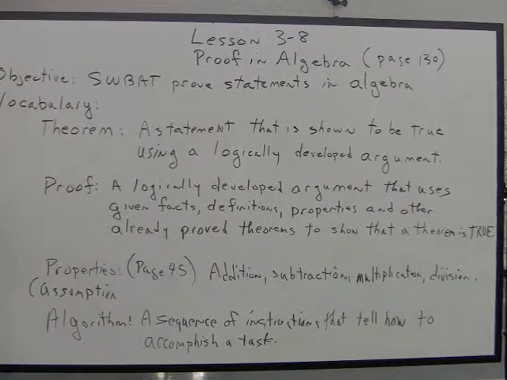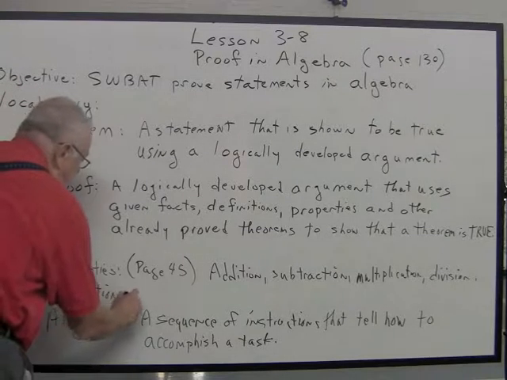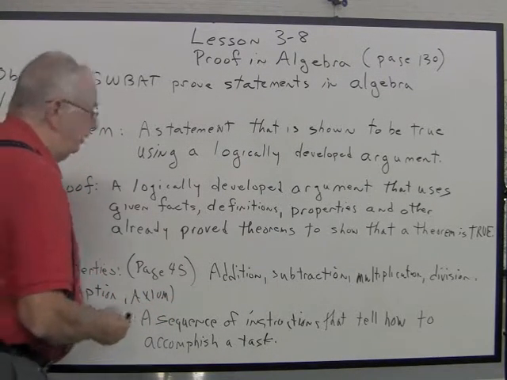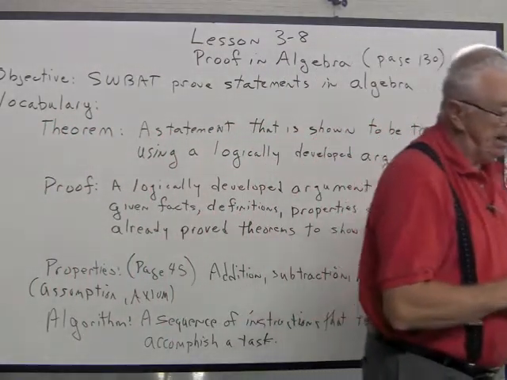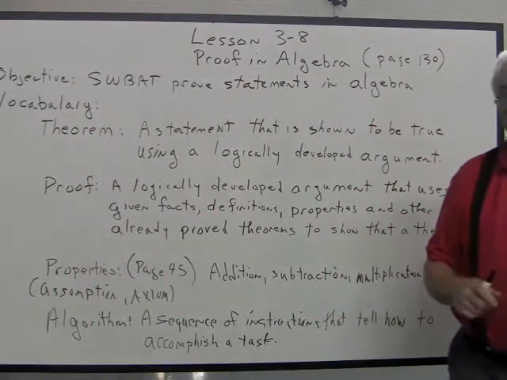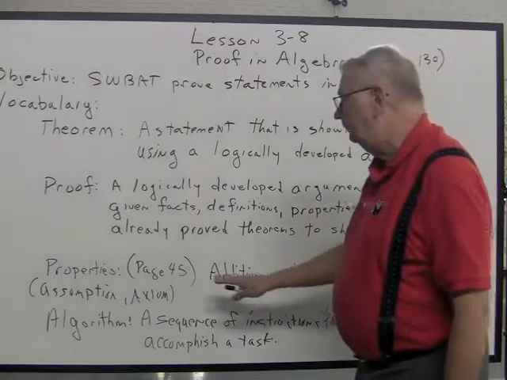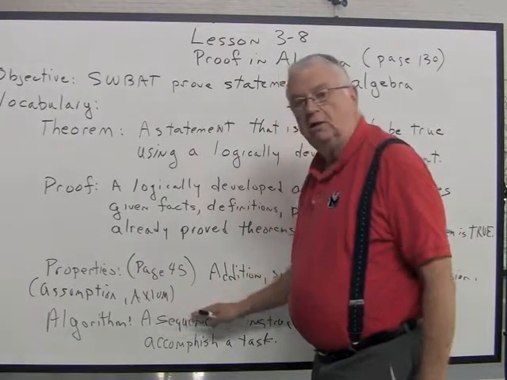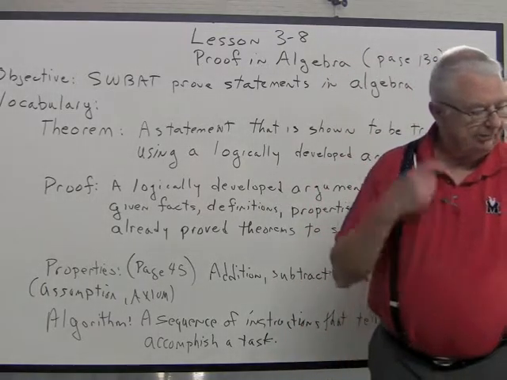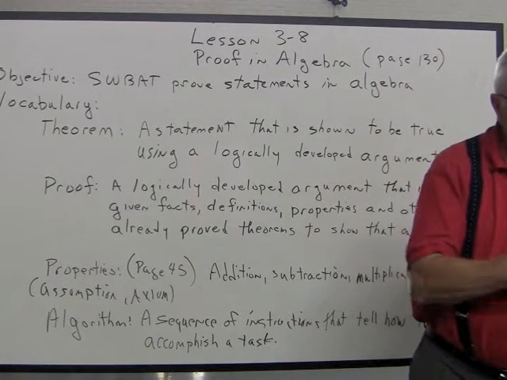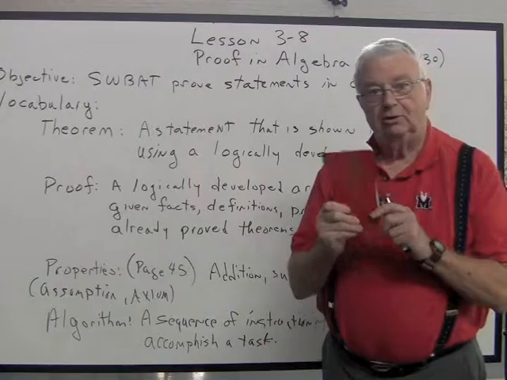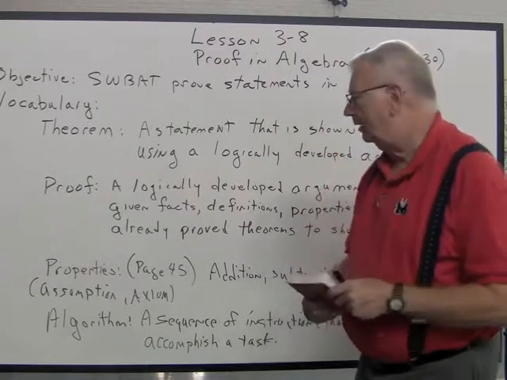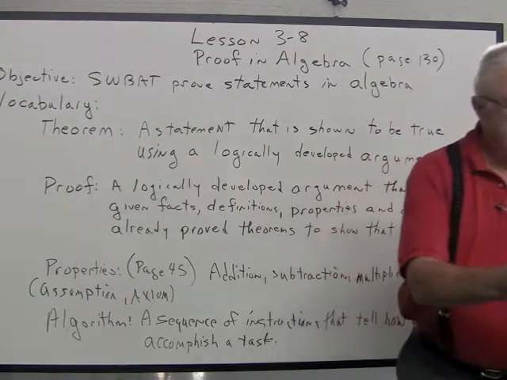And perhaps later on in geometry, you'll see the word axiom. Those are things that are assumed to be true, and you're not proving them. Those are the properties, assumptions, or axioms that you'll have in geometry. No doubt each of you has your good little red book, the dictionary of math terms, and you can look up what an axiom is there.